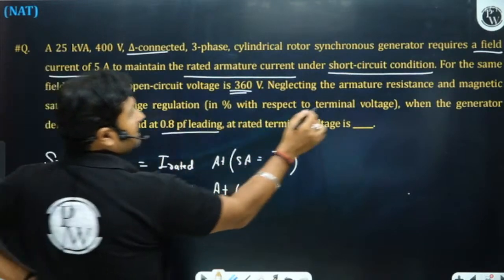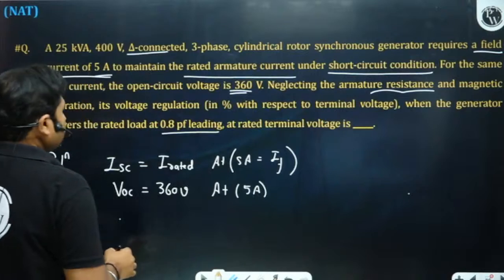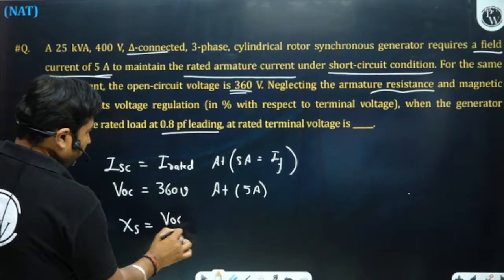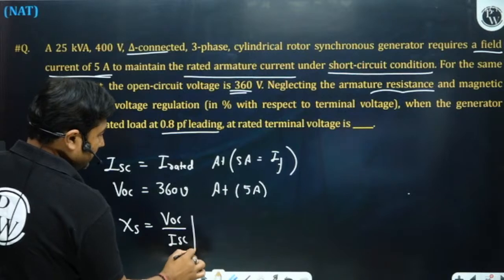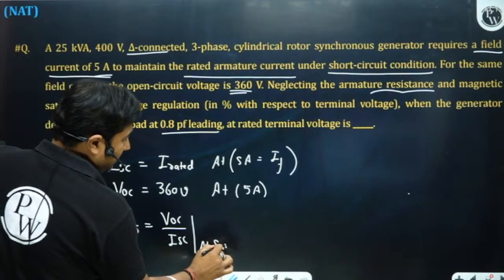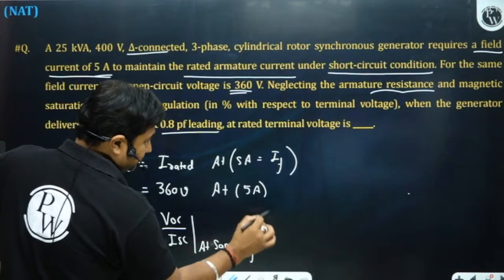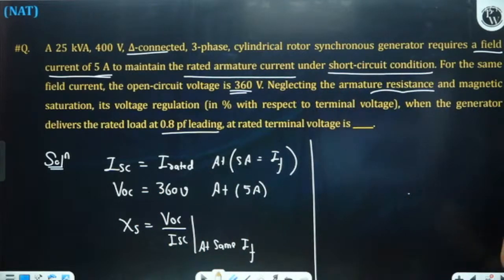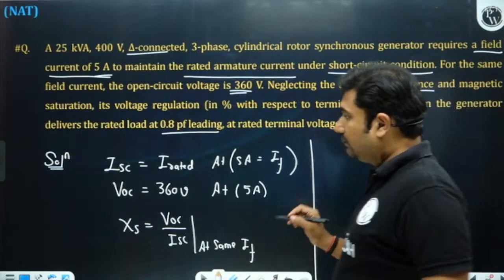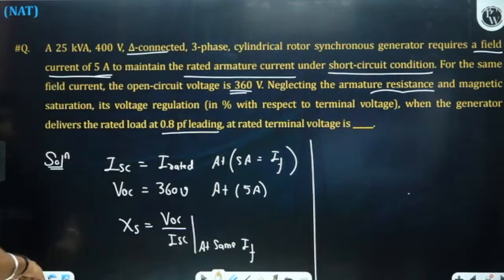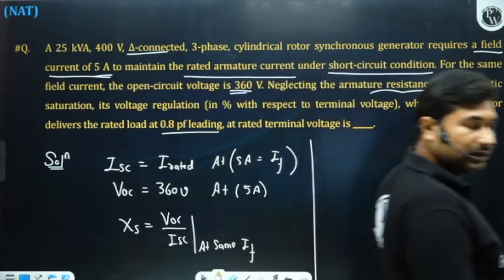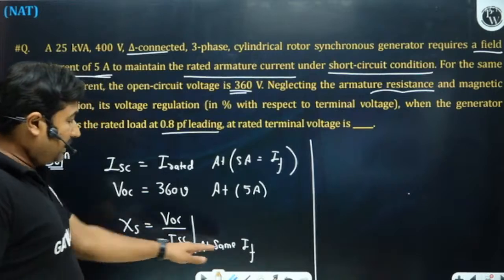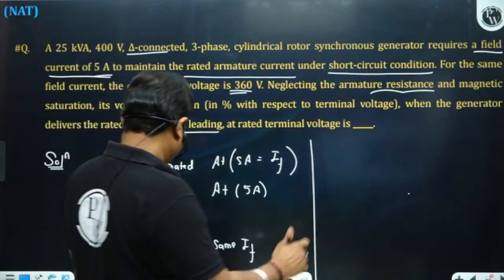Armature resistance is negligible and magnetic saturation is also neglected. So excess will become VOC by ISC at the same IF.